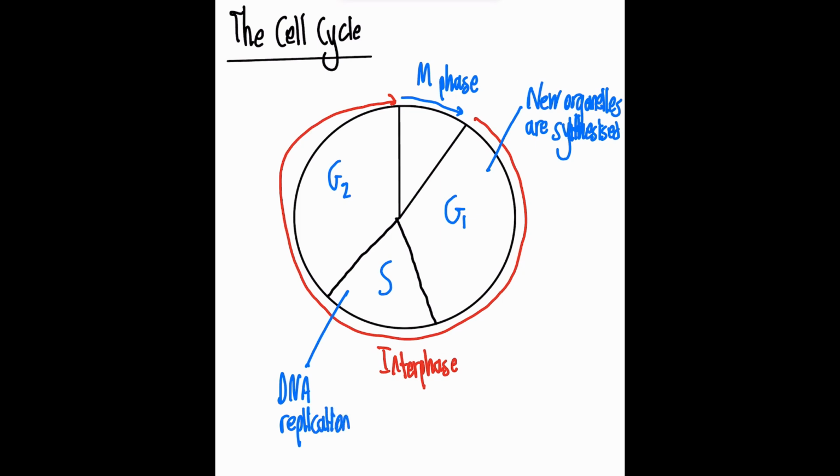You can also say DNA synthesis. Just take note that this process, DNA replication, involves DNA, and there's only really one place you can find DNA, which is in the cell's nucleus.